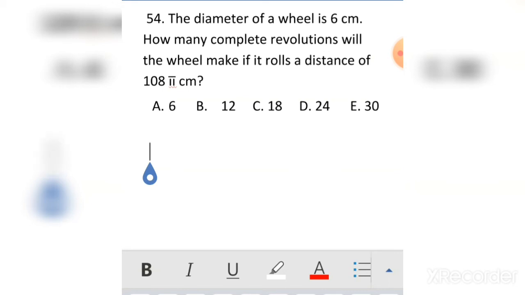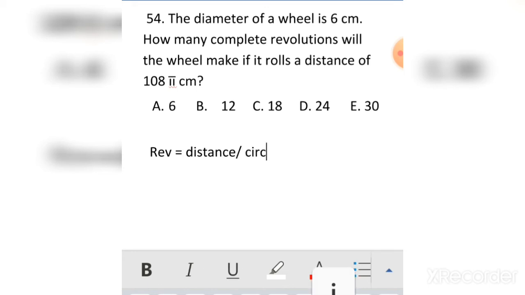Okay, our formula to get the complete revolutions is: revolutions equals the distance covered by the wheel over the circumference of the wheel.